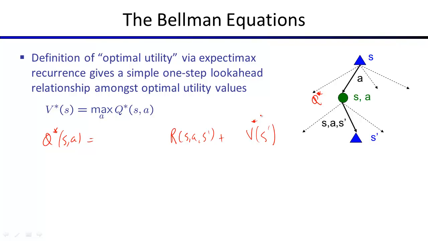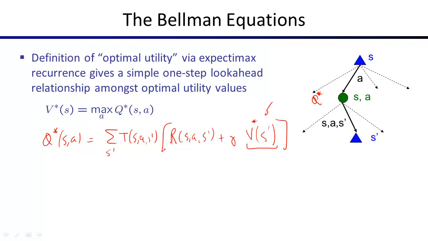We'll only hit state S prime at the next time step. So the rewards we accumulate from S prime onwards are all discounted by a factor gamma. So the value here is discounted by a factor gamma, and deeper rewards are discounted by even more, which is already encoded in V star of S prime. We don't know which state we're going to visit, so there is a sum over possible next states, and we weight each of these possible next states by the probability of landing in that next state. That's our Q star equation.